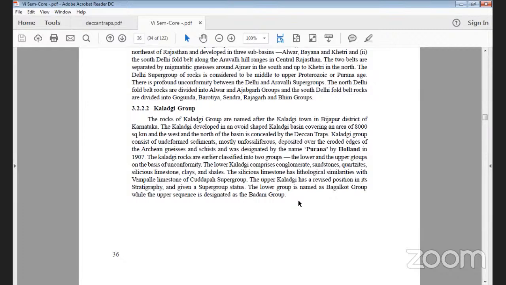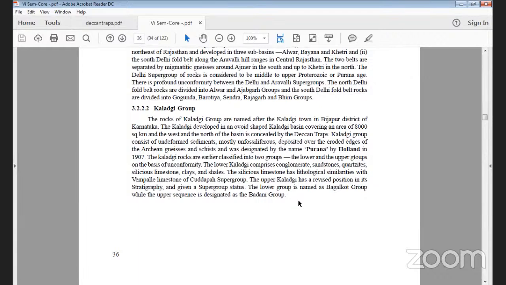The Kaladgi group developed in an ovoid-shaped Kaladgi basin, covering an area of approximately 8,000 square kilometers. It is located in the west and the north of the basin, and is concealed by Deccan traps.